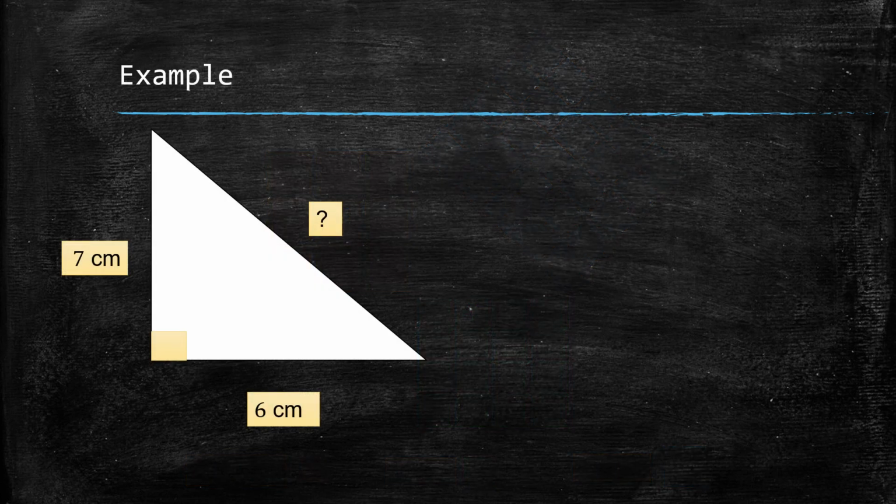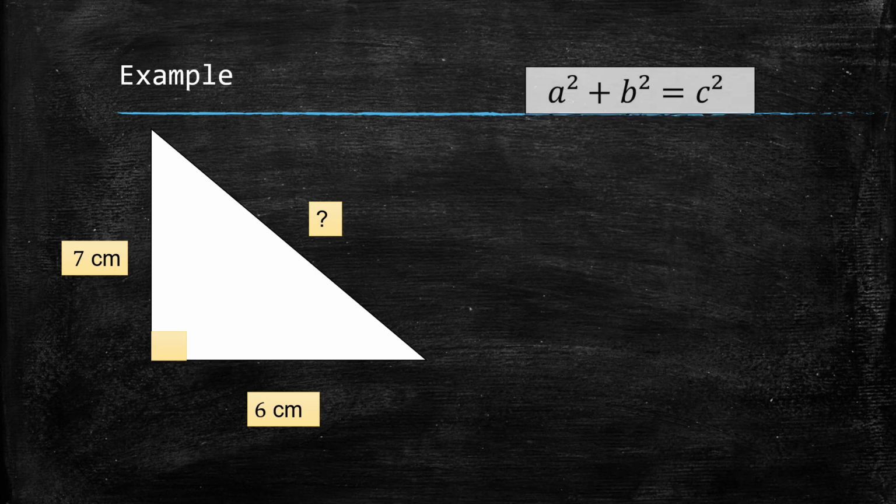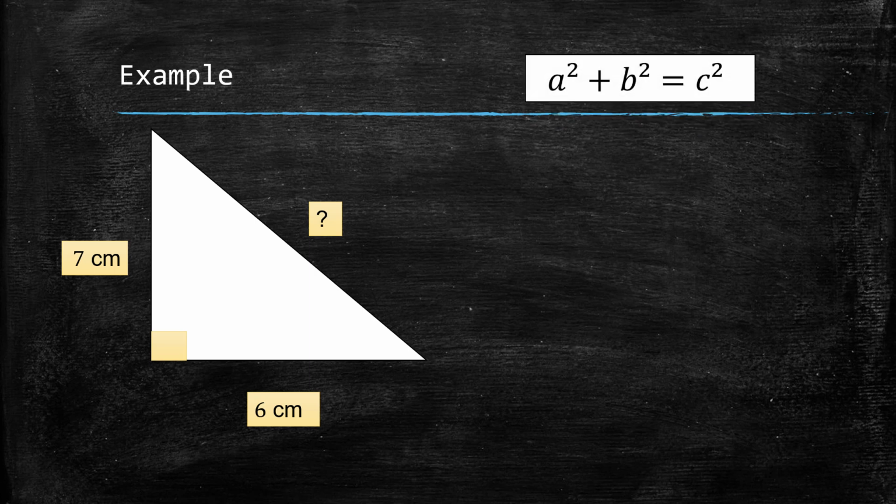Look at this worked example. We have been given two sides and we have to find the third side, which is my hypotenuse. Following the formula a square plus b square is equal to c square, I will write 7 square plus 6 square is equal to c square. 7 times 7 is 49 and 6 times 6 is 36.